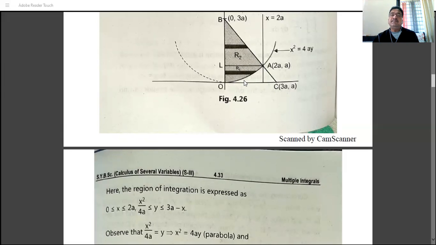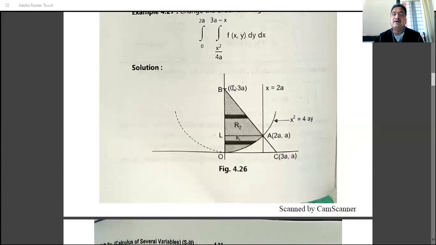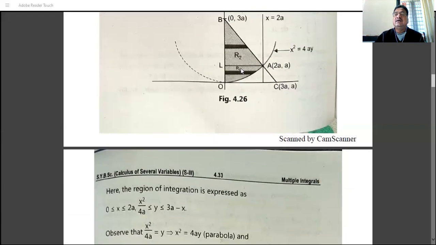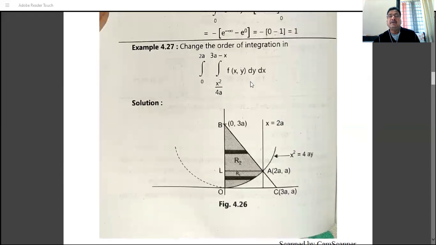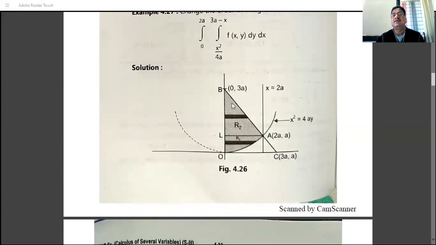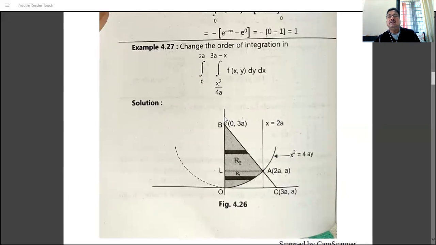Okay, so if such a problem arises, that is, if we move the strip and one end or both ends touch different curves, in that case we divide the interval into 2 parts, 3 parts, 4 parts. So this is the difference between the previous examples of change of order of integration and the examples we are going to take in this lecture.